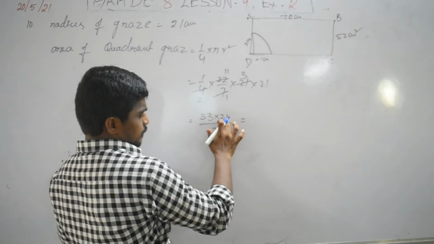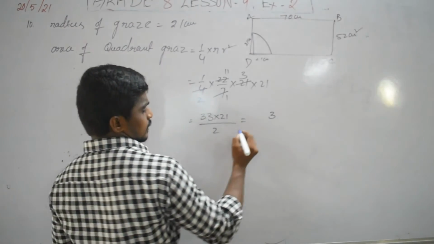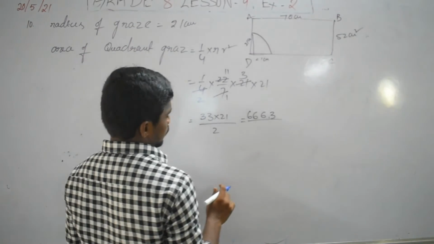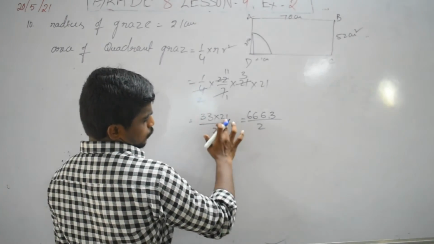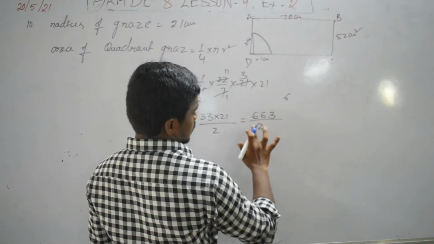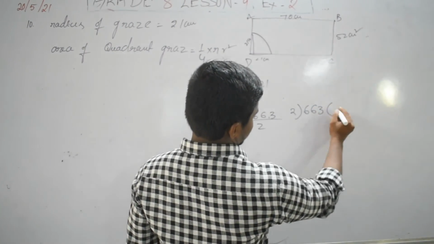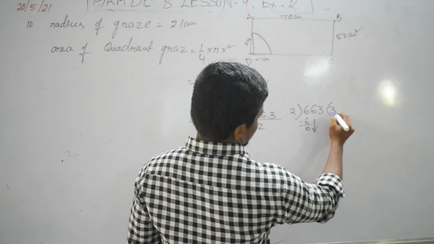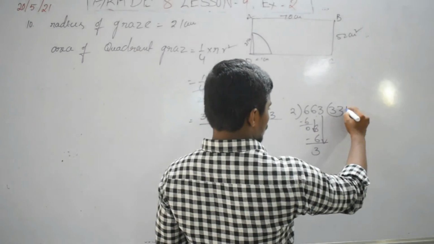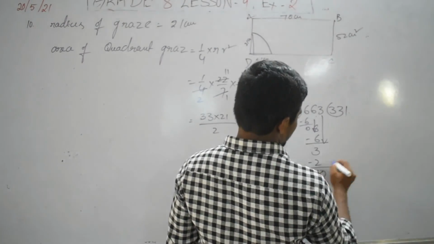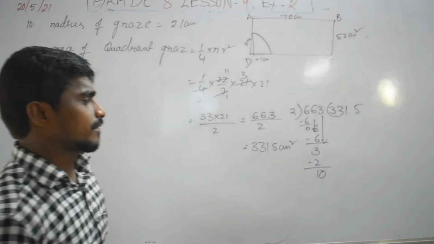How much? 21 3 is 63, plus 3, 66 by 2. 66 by 2 is 33, so 33 times 10.5 gives 331.5 centimeter square.